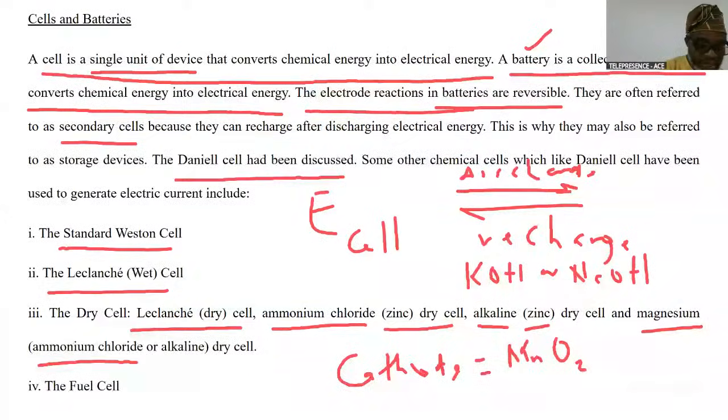So this is another very important reaction. Ammonia is produced in the process, and this ammonia reduces the efficiency of the cell because it is a polarizer which can cling to the cathode, thereby preventing the cathode from performing efficiently.